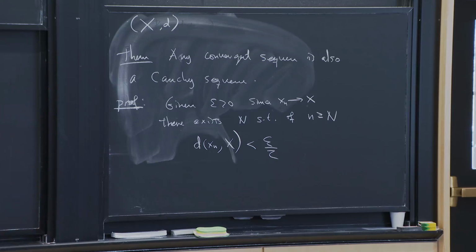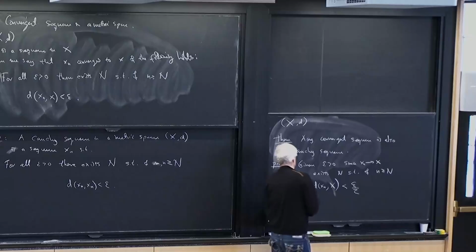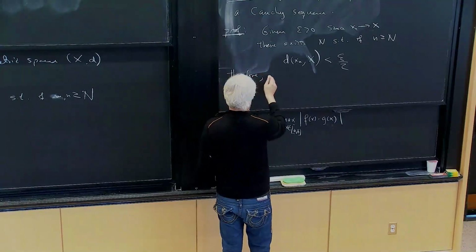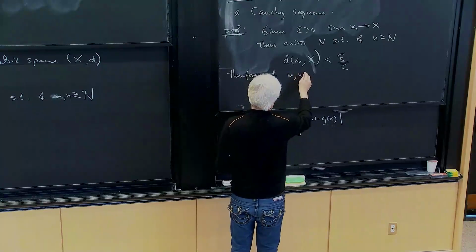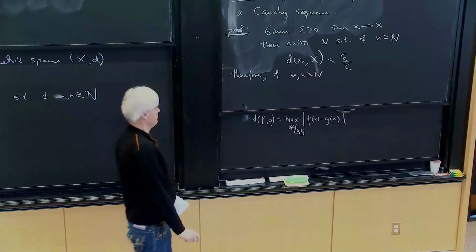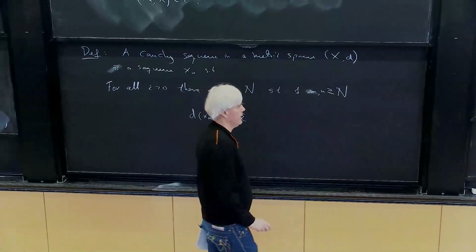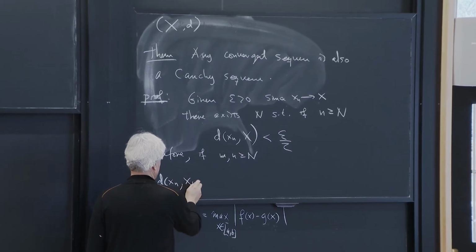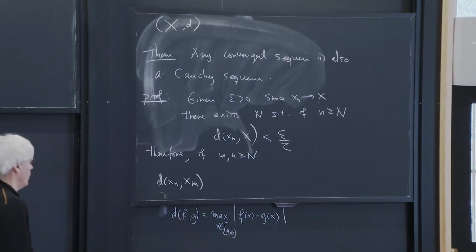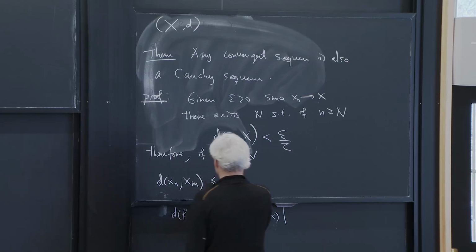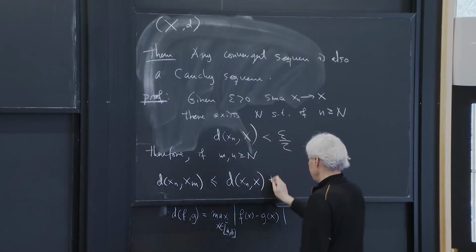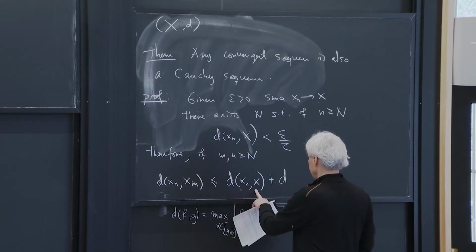Right? And so this means that, therefore, if little m and little n are both bigger than capital N, then the distance between these two elements, well, by the triangle inequality, is less than if you go over the point x, so if you go from xn to x, and then from x to xm.